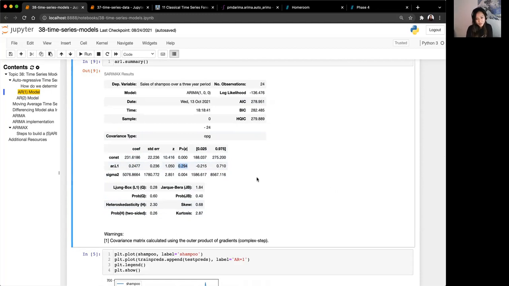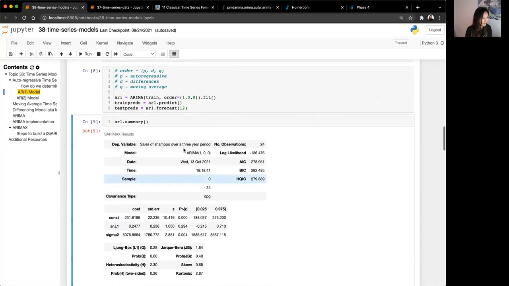If you remember from linear regression, we want all of our variables to be below 0.05. In this case, we can see that this AR term of 1 is not significant, and we only have this one term that holds any information. So this model is not very good. As expected, we saw that 2 terms are significant, but here we're only using 1 for this data set just to test it out.